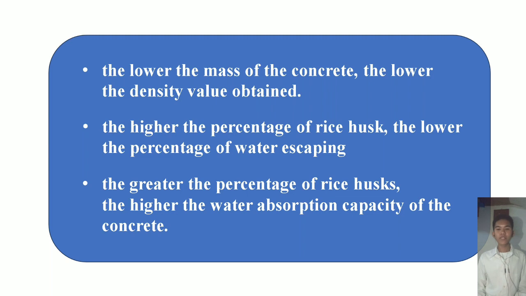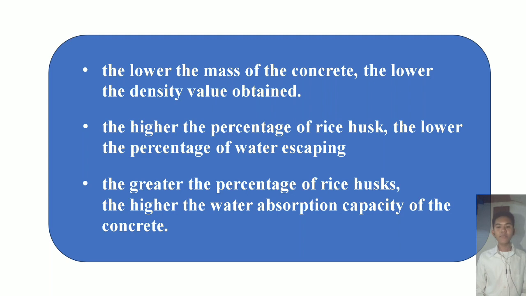For porous concrete, the addition of rice husk in different variations experienced different results in the percentage of water escape. As can be seen, the higher the percentage of rice husk, the lower the percentage of water escaping.